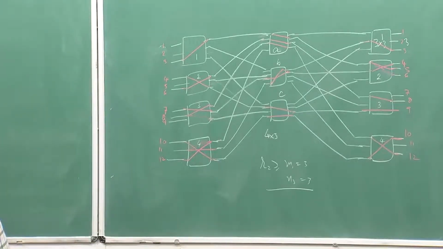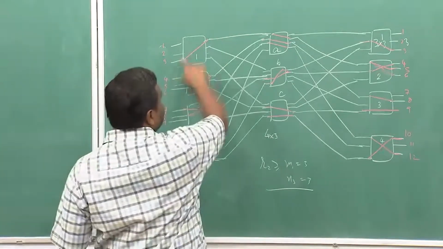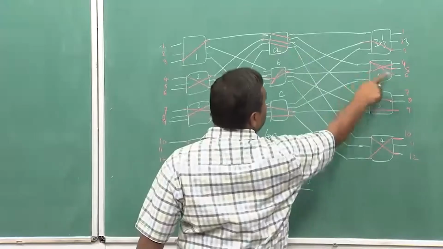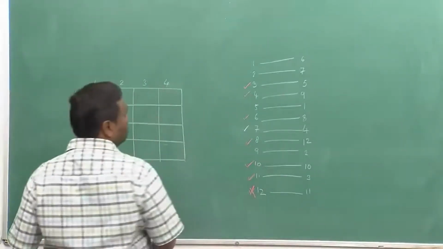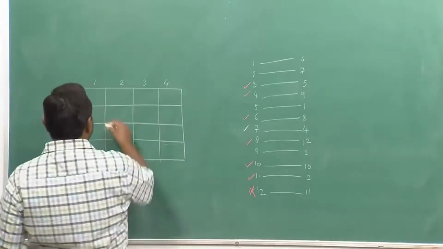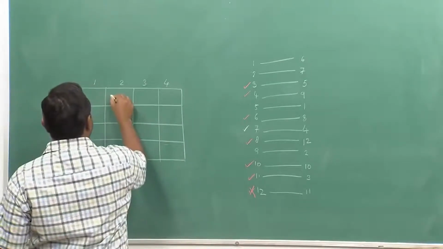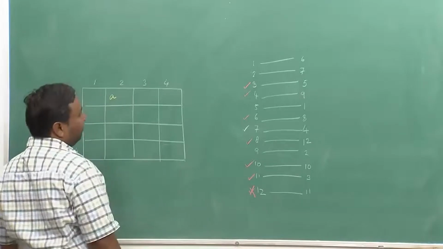I have connected 3, look at the top one, 1 by 1, 3 to 5 via A. So, A has to come here.